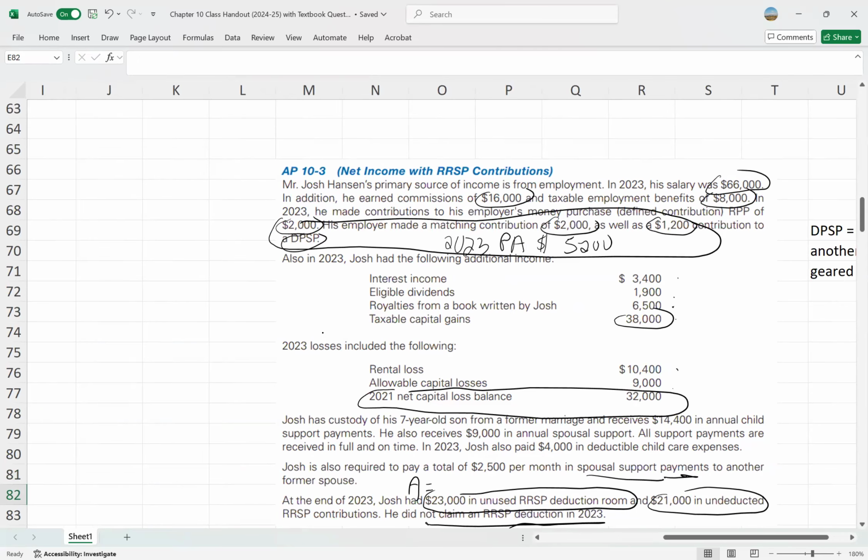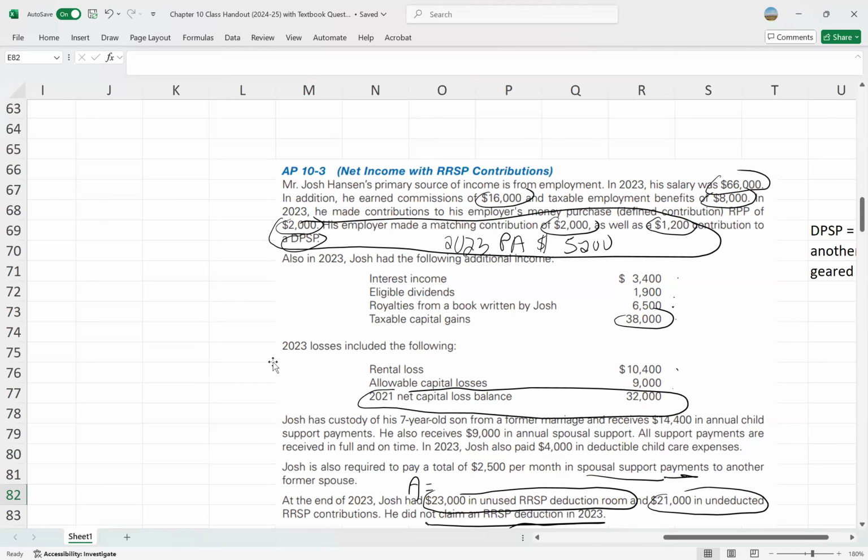Remember loss carryovers? We deduct those when we calculate taxable income, but the question is just asking us to calculate net income. So we're not going to make that deduction when we calculate net income for tax purposes. So generally, that would be the calculation for net income.